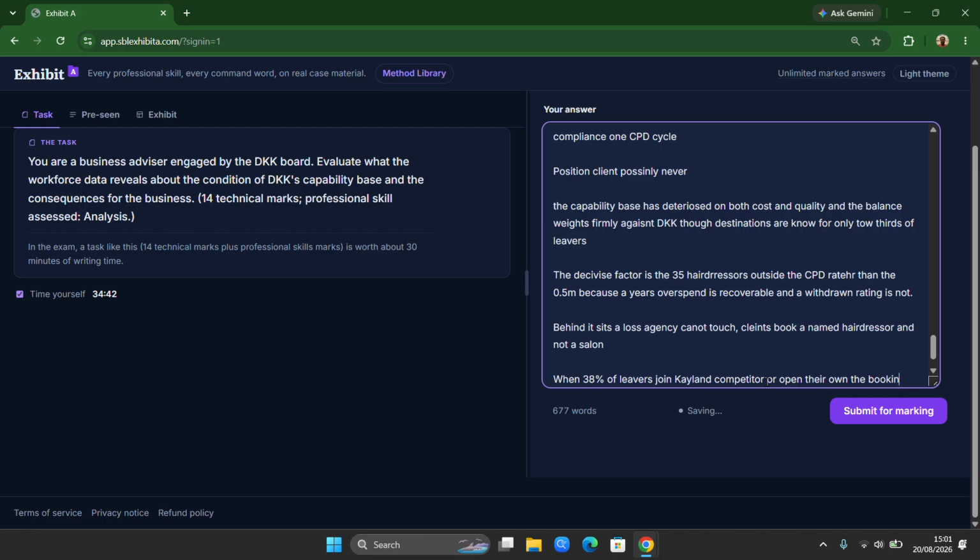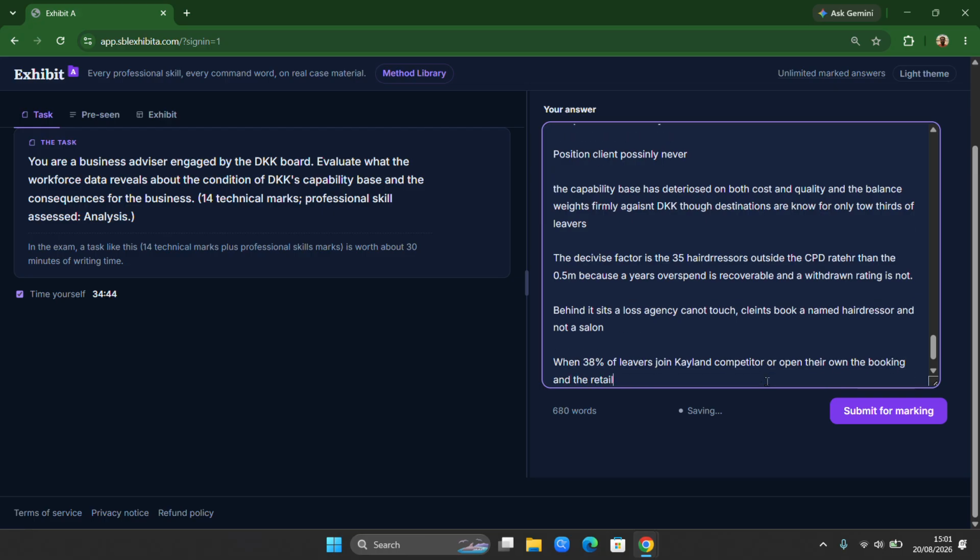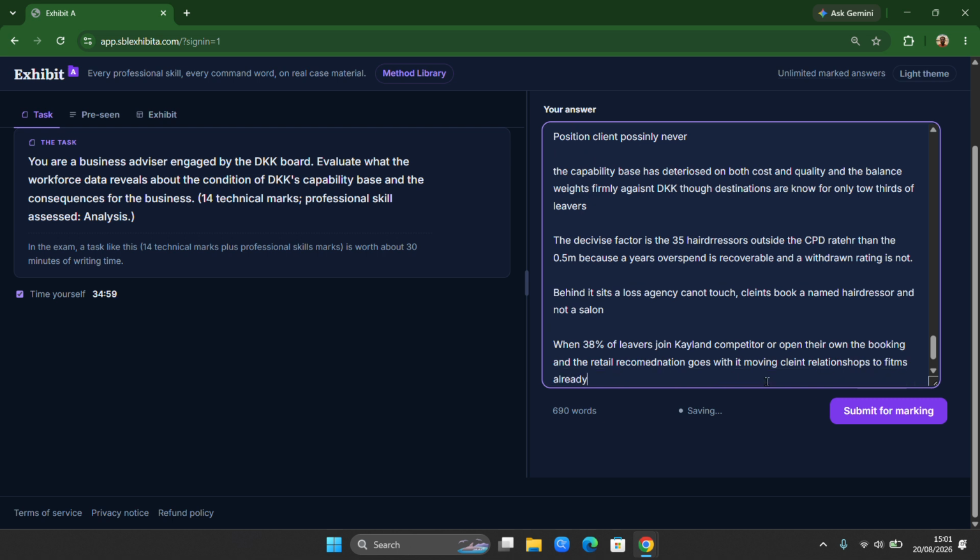The booking and the retail recommendation goes with it, moving client relationships to firms already replicating the offering.